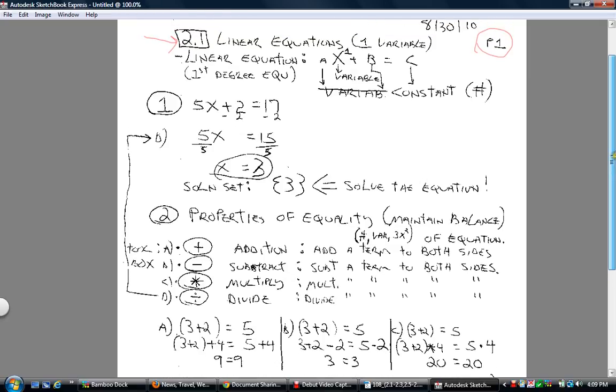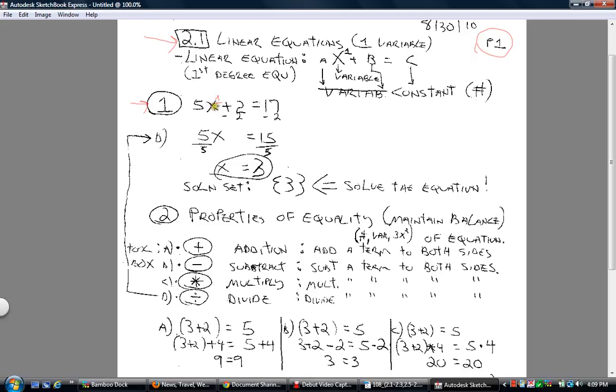Linear equations here, I'm looking at objective number 1, and how do you know this is a linear equation? It's very simple. Look at the exponents. Look at the variable. We only have one here, and it happens to have an exponent of, we don't see any. Of course, we assume it to be 1, and that is what makes it a linear equation.